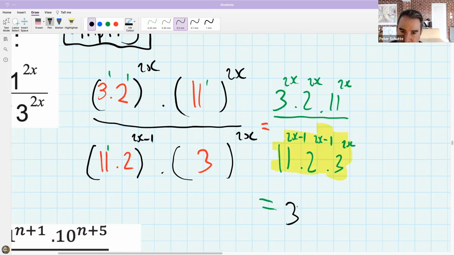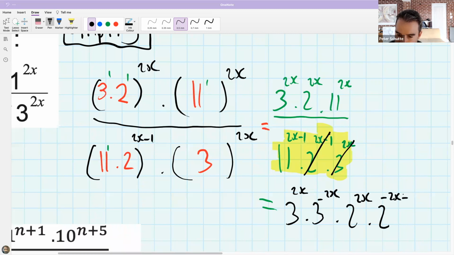So what you get is you have 3 to the 2x, and then when I move this one up, it's going to become 3 to the minus 2x. I have 2 to the 2x. When I move the 2 to the 2x minus 1 up, I'm going to get minus 2x plus 1 because I'm changing the signs. And then I've got 11 to the 2x already.